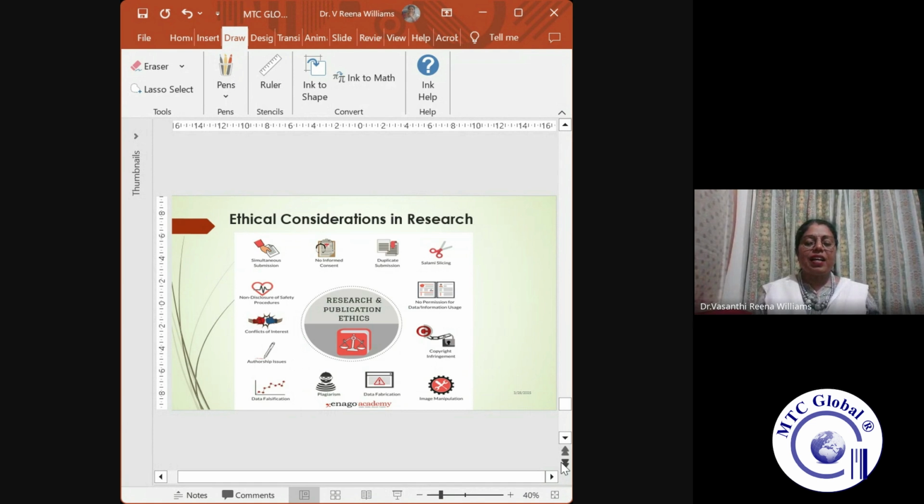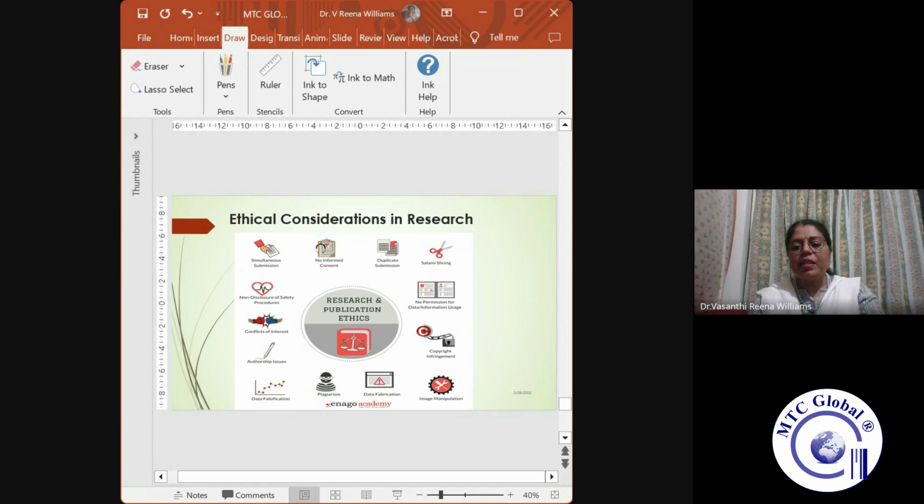So these are helping us imbibe certain positive things so that we can become better human beings, right? So similarly, when it comes to research, there are some ethical considerations that you need to follow and maintain so that your research is done in the most ethical manner.